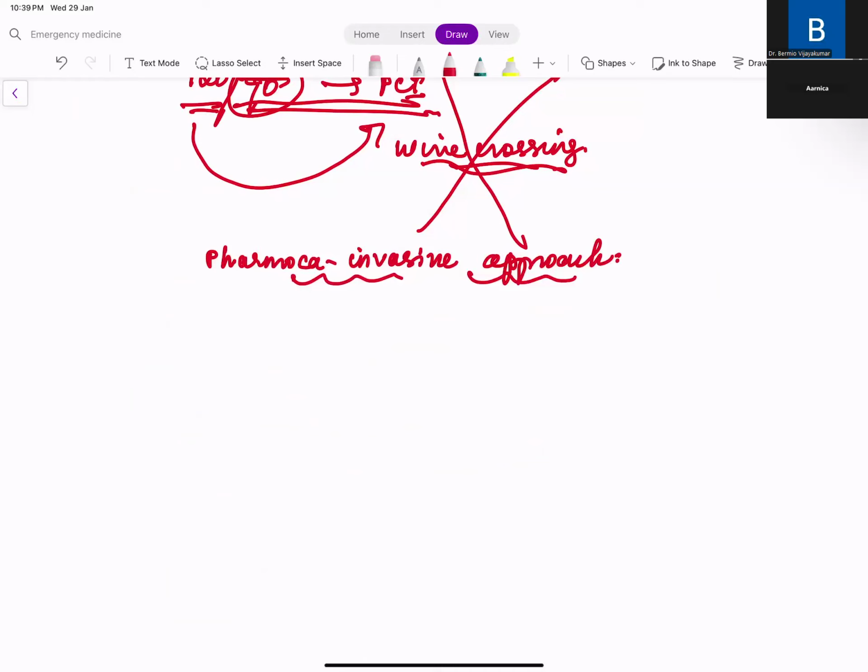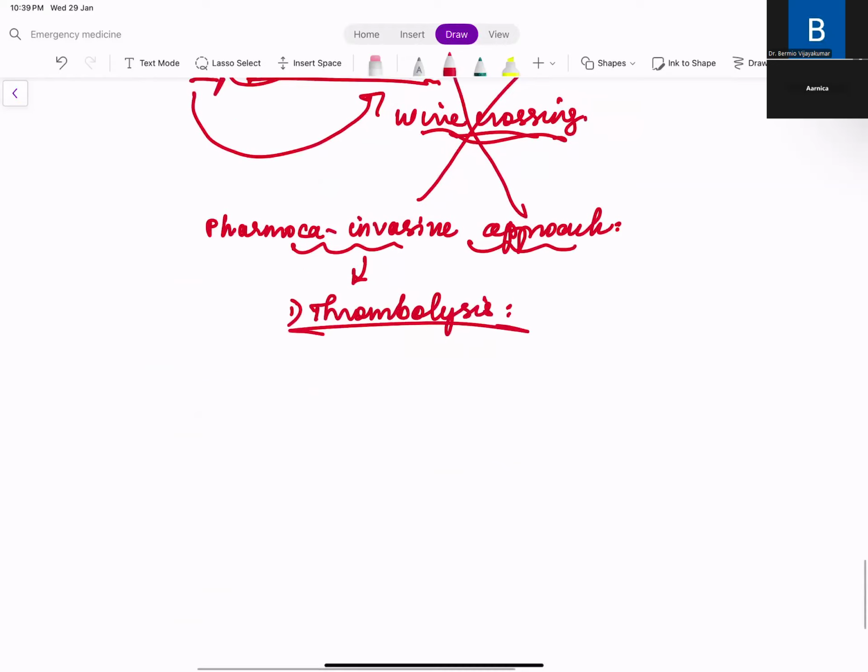Suppose you are not able to refer the patient to a primary PCI center within 120 minutes, for example the patient is sick, or ambulance facility is not available, or the primary PCI center is far away. After giving the loading dose and trying to stabilize the patient, what you can do is thrombolysis.